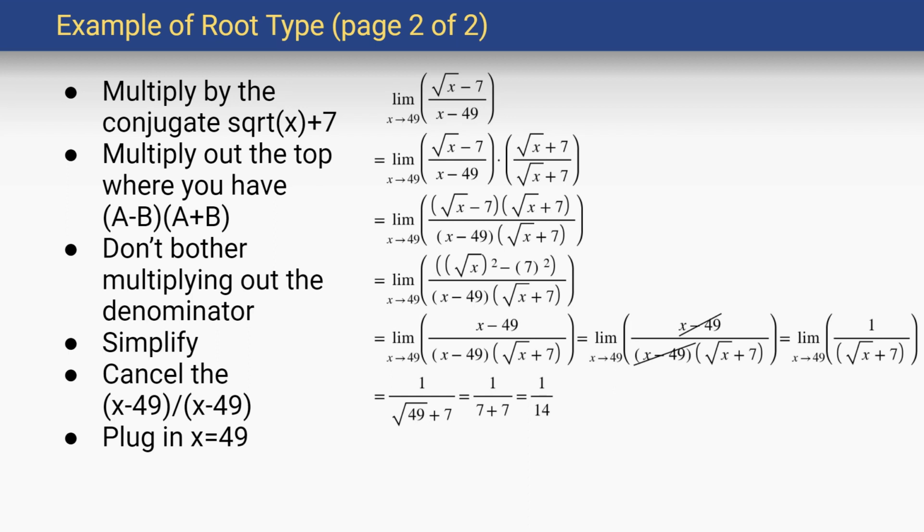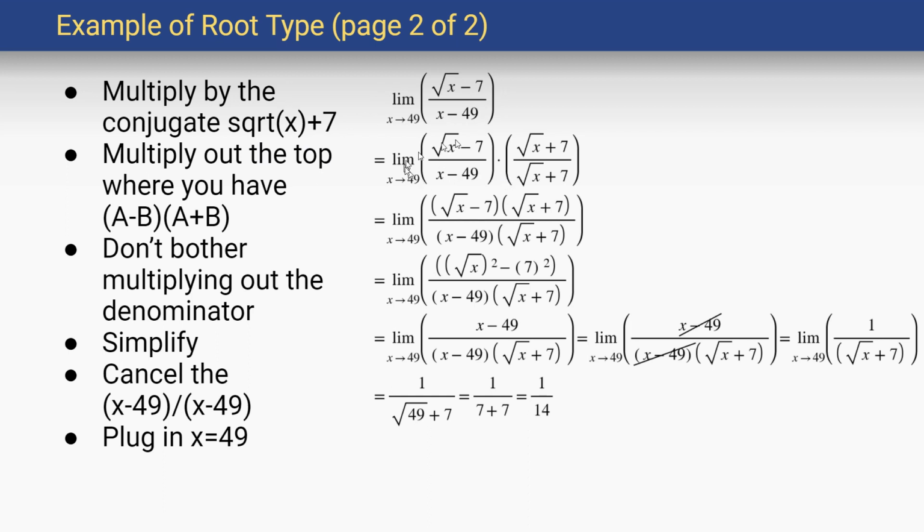So the main thing to look at first is that the numerator was square root x minus 7. So the conjugate is square root x plus 7. If it's a minus here, your conjugate has a plus. So you're going to multiply the top and the bottom by the conjugate. This top line is what we're starting with. The conjugate is square root x plus 7.